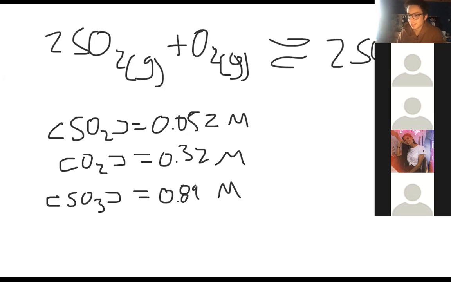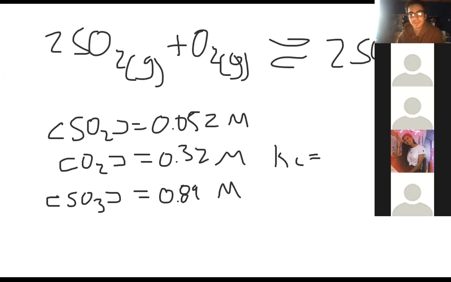So we need the KC expression. KC is equal to products over reactants. So what's going to go on top? You guys could just put in the chat.